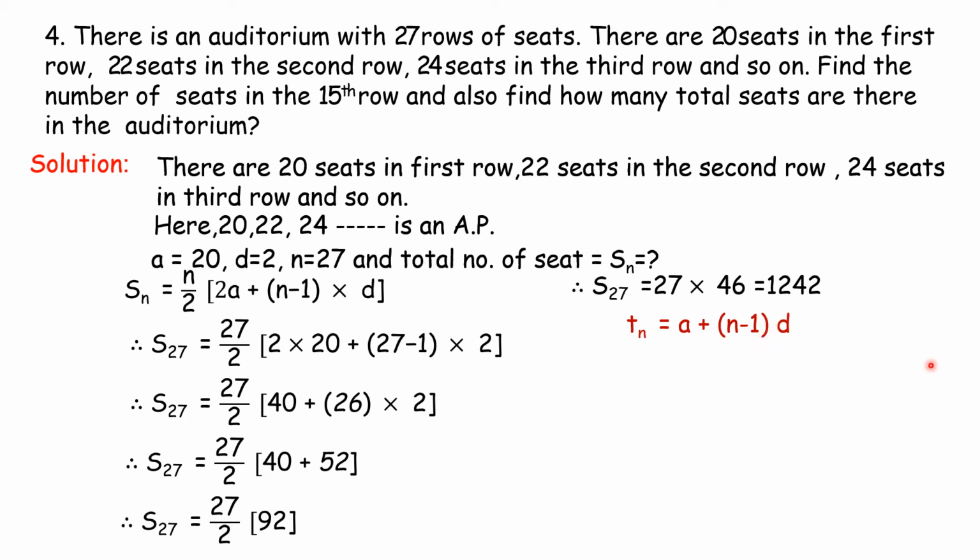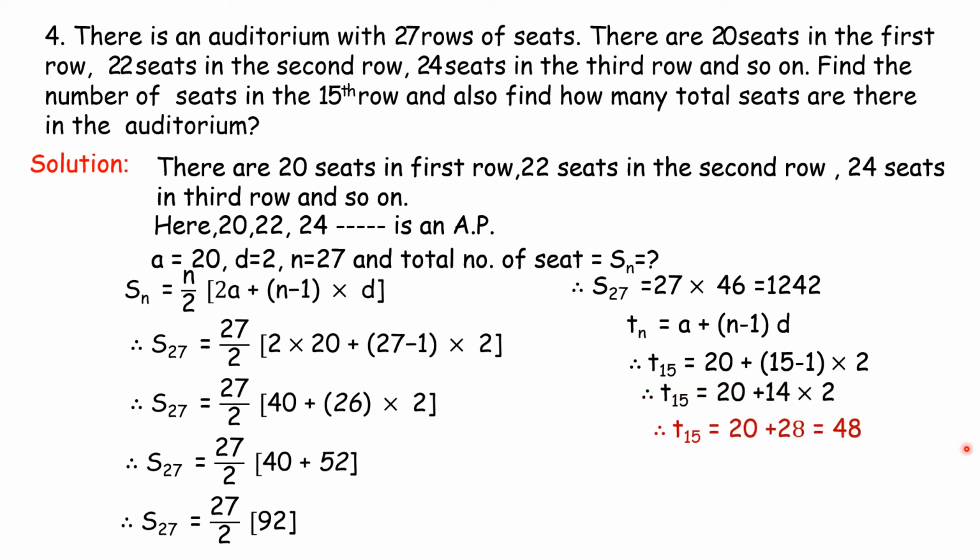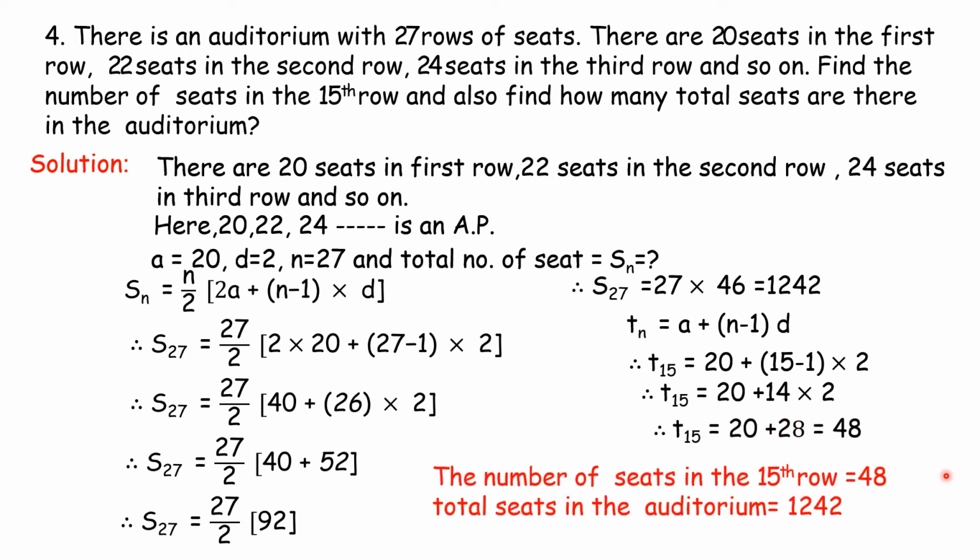Now substitute the values. 15th term is equal to a is 20 plus 15 minus 1 into d, is equal to 20 plus 14 into 2 is equal to 20 plus 28 is equal to 48. So write down the answer. Total number of seats in 15th row is equal to 48 and total seats in the auditorium is equal to 1242.